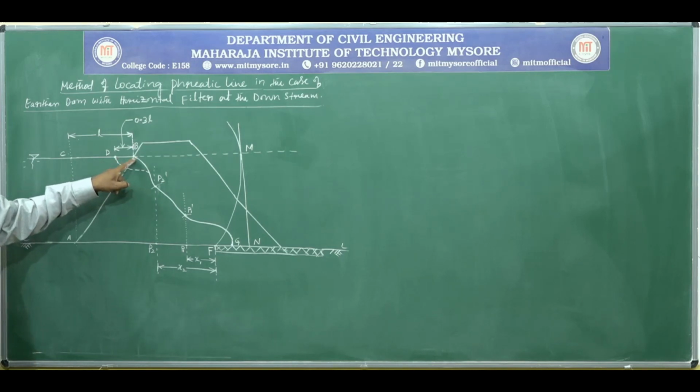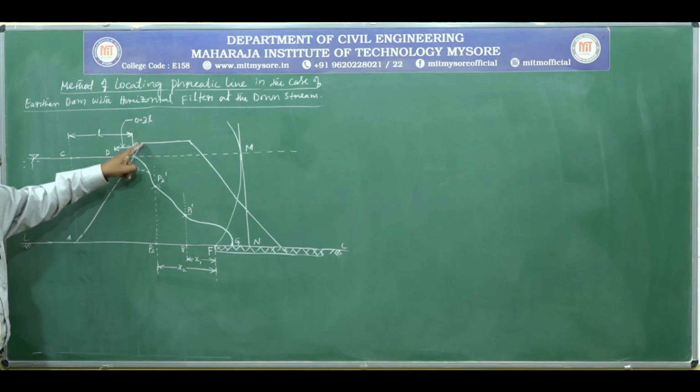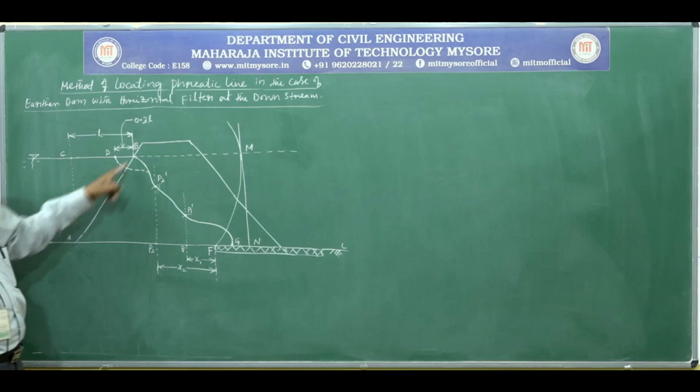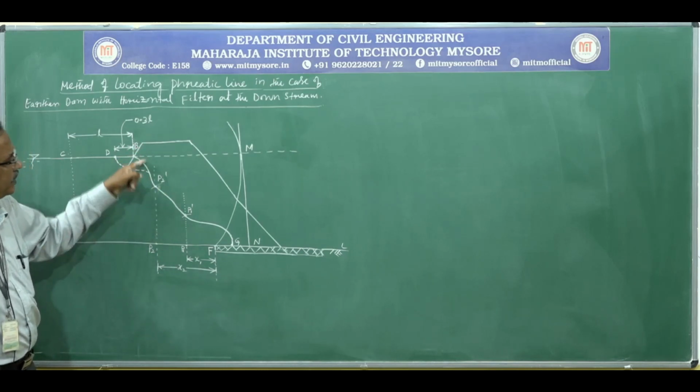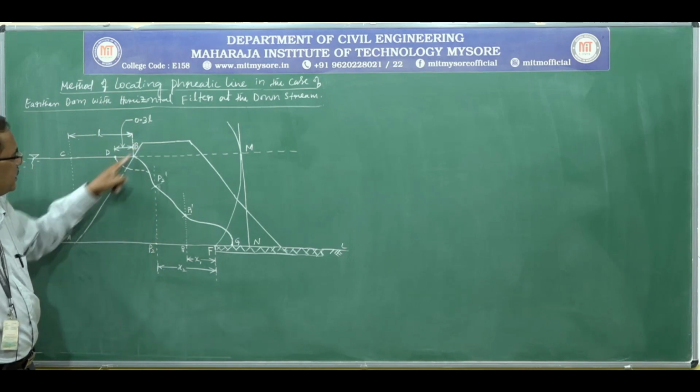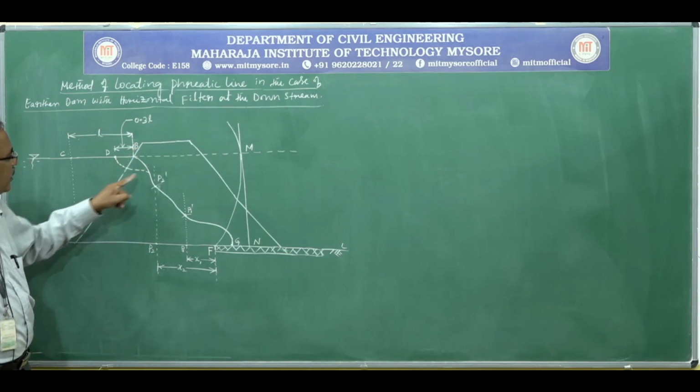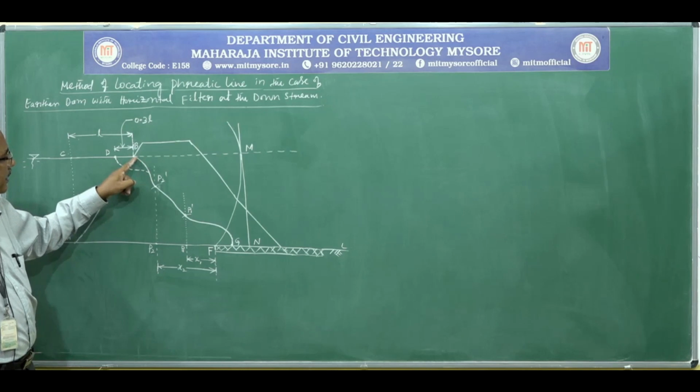It has started at point B and it is perpendicular to the boundary equipotential line. Phreatic line is one of the flow lines and this is the boundary equipotential line. Flow line and equipotential line meet at right angles to each other, you can see here.